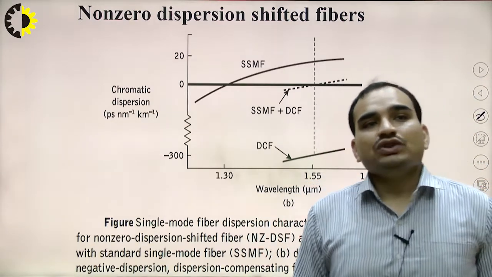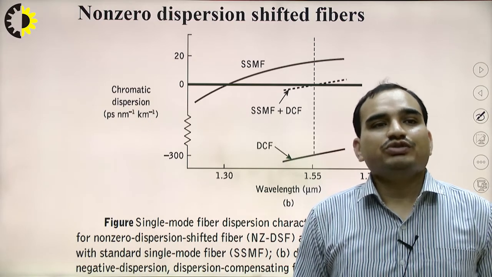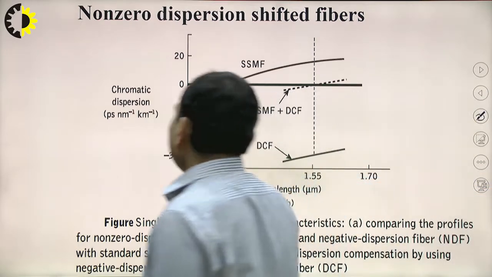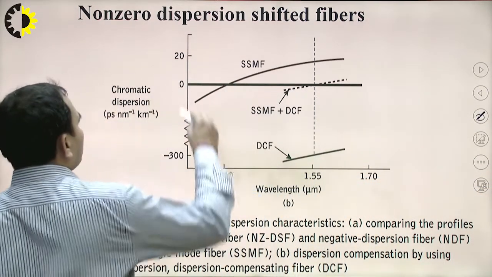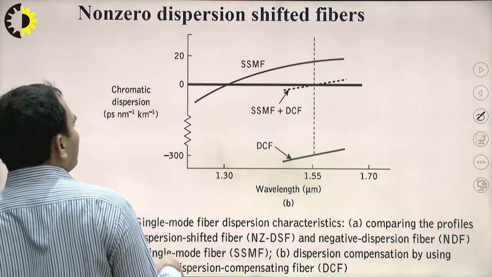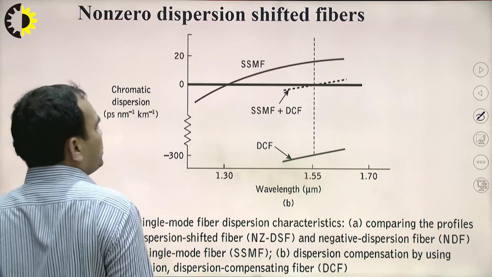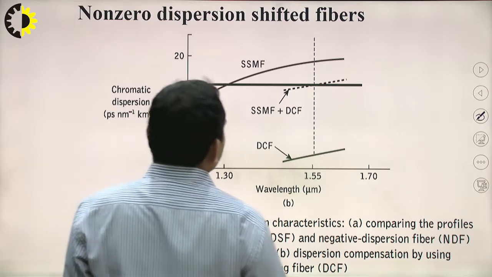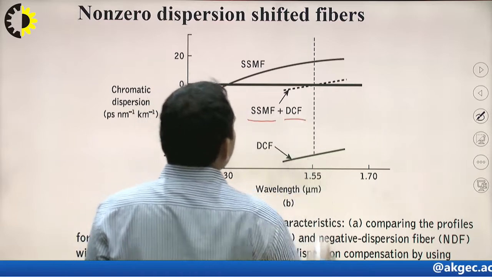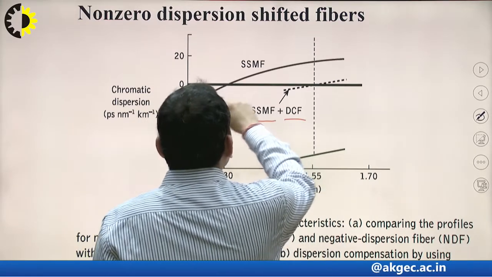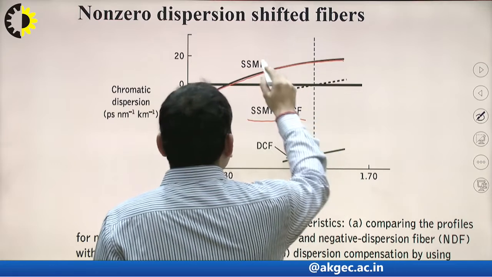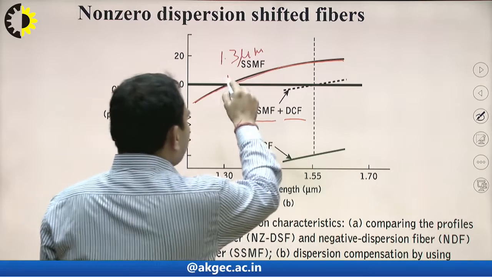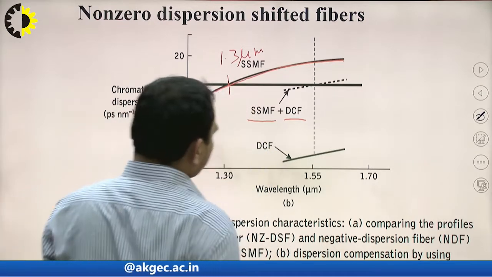In the non-zero dispersion shifted fiber, we can observe that the chromatic dispersion value ranges from 20 to minus 300 picoseconds per nanometer per kilometer. Here we have the dispersion shifted fiber, that is the standard single mode fiber plus the DCF, and we have the standard dispersion shifted fiber at 1.3 micrometer wavelength. It has a 0 value of dispersion.